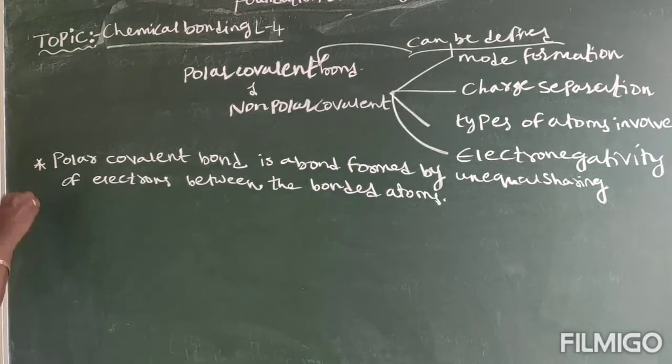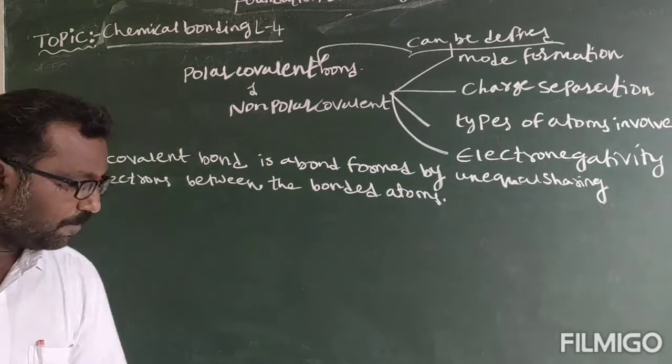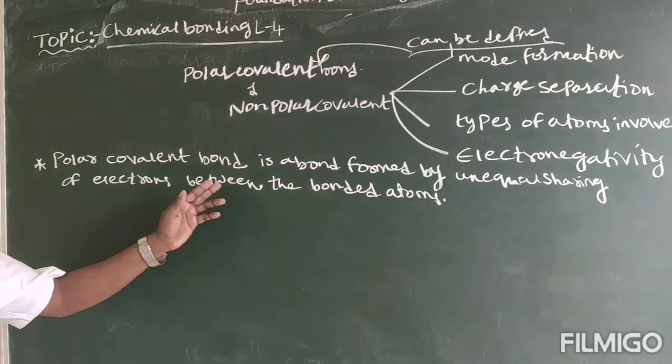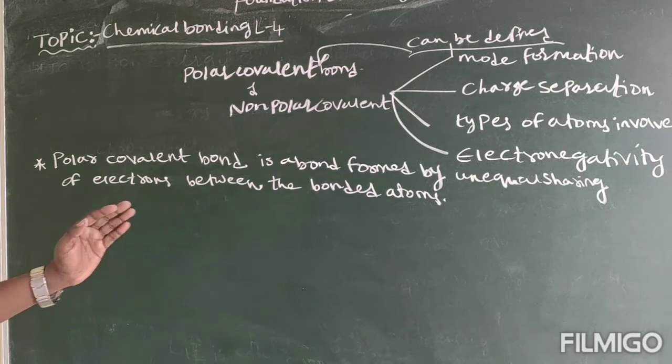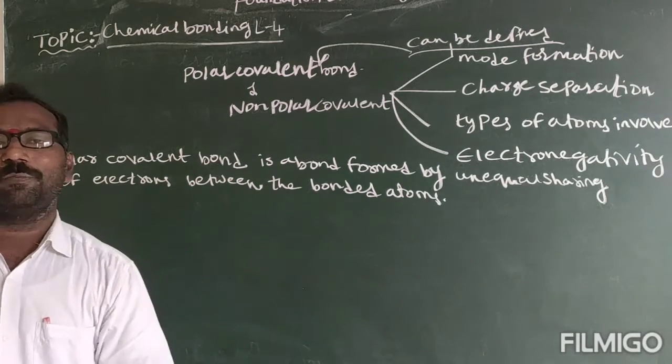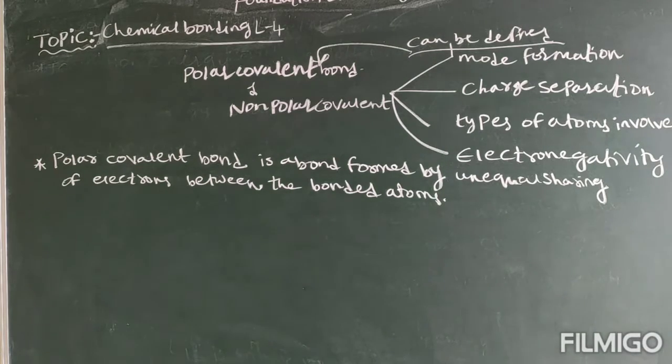Okay, so this is one type of bonding. Polar covalent bond is a bond formed by the unequal sharing of electrons between the bonded atoms.